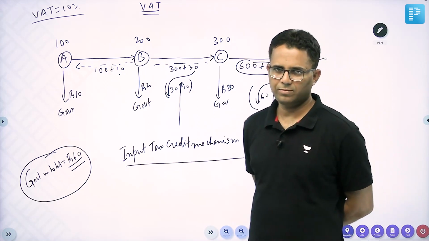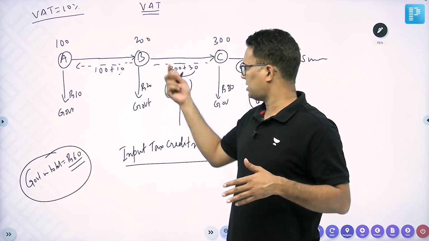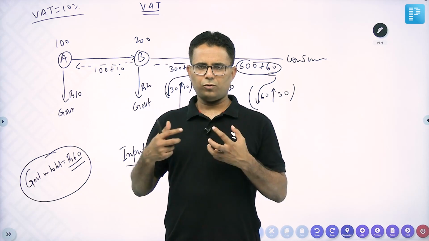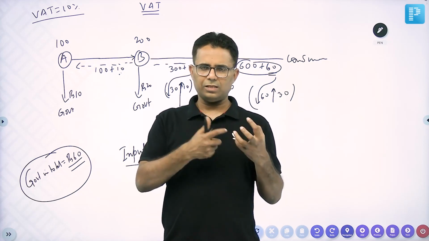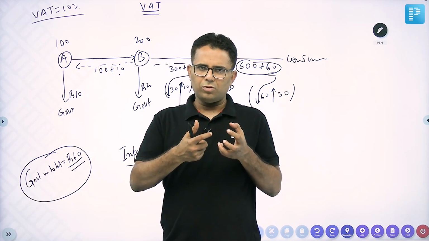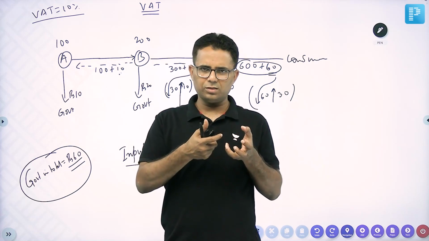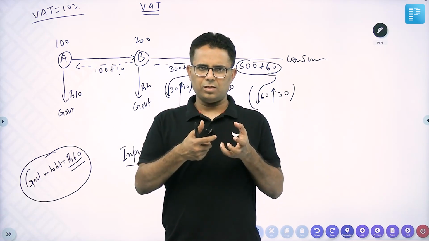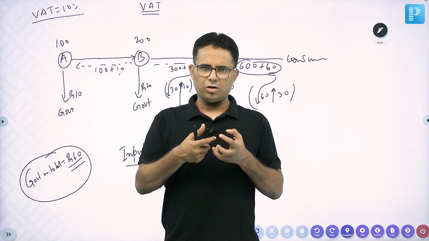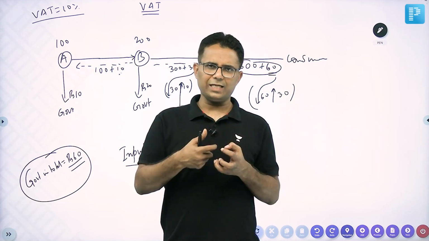The simple thing, again I am saying, when I am standing at any point in the chain, suppose I am standing at B, I am supplier B. So when I am selling something, I am selling the entire value of the product till my level. So I am collecting the VAT of the total value which I am selling. Whatever value I am selling, I am collecting the entire tax on it.